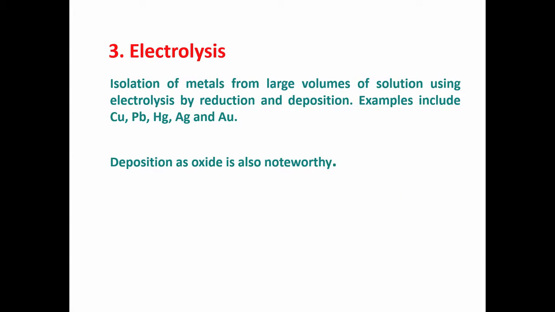Now, electrolysis, another technique. Suppose you want to determine copper or zinc, then it is very simple. All you have to do is bring everything in solution, put in an electrode, do the electrolysis, collect the copper, and carry out the analysis.